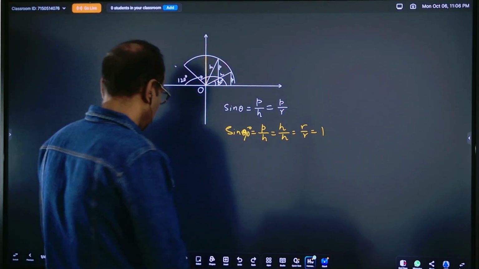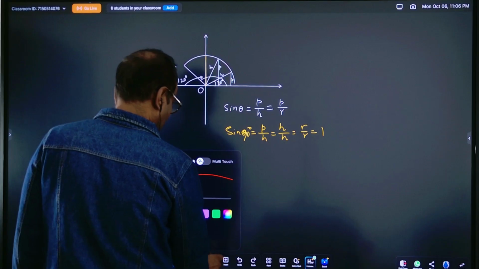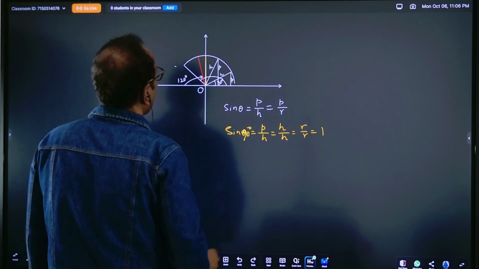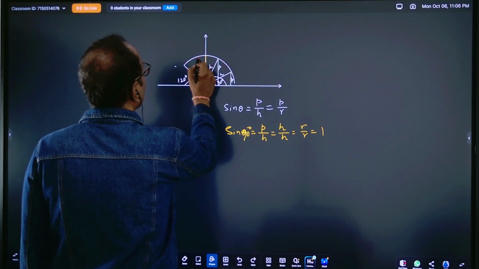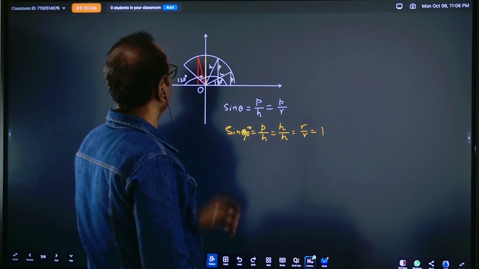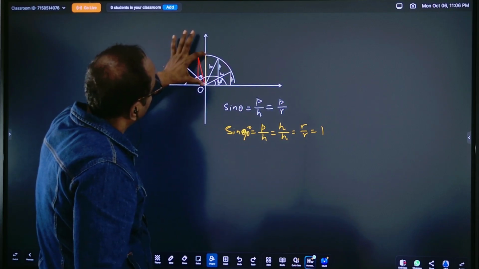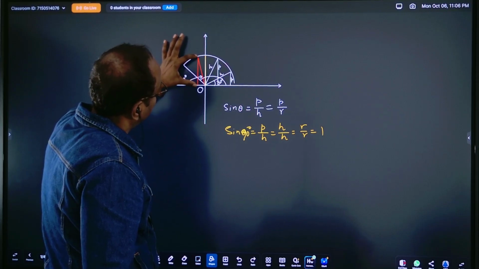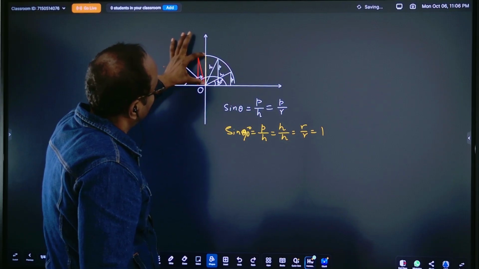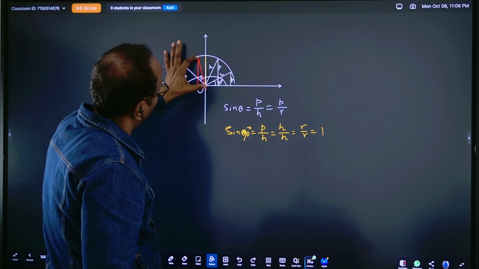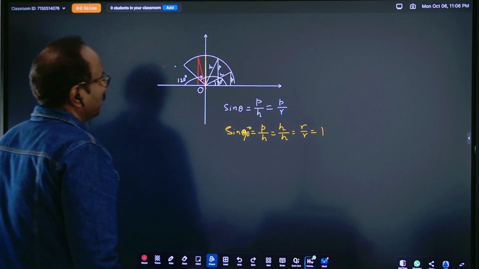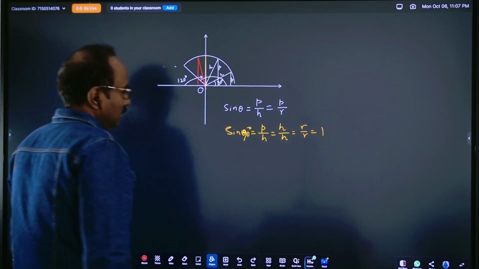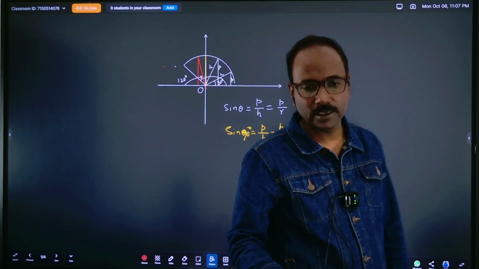Again, after this, if we increase the angle further, see, your P has decreased from H. Here the P was equal to H, but now the length of the P, the perpendicular, has reduced from H. This one is H only, right? So P by H is reducing. So we can say that after 90 degree, your sin theta decreases.